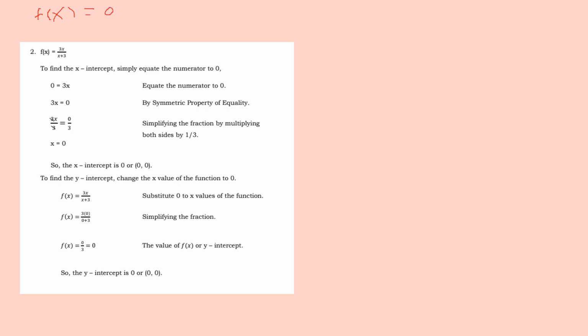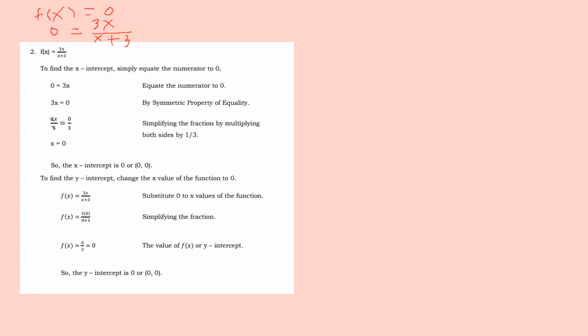Then this becomes 0, equal to 3x all over x plus 3. That is what happens to it. When we multiply, 0 times x plus 3 is still 0.